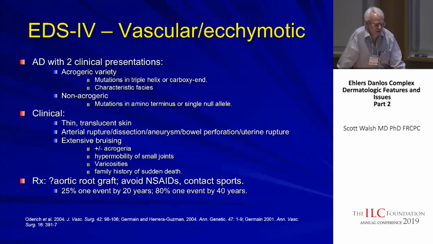So this is the Ehlers-Danlos where the skin is thin. Collagen 3 is important in making enough of the collagen molecules, and so they have less collagen overall. And this is the one where people can have strokes, heart attacks, organ rupture.